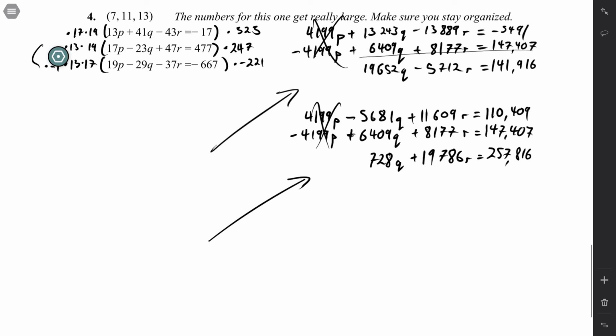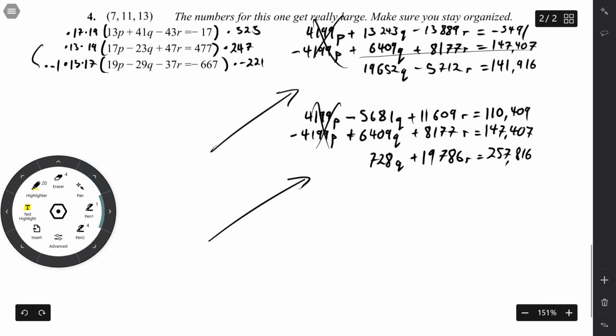If we take 19,652 and divide it by 19, let's see, what am I doing wrong here? Oh, I know what I'm doing. I'm looking at this a little bit backwards. Sorry about that. We can divide them by what number they were commonly multiplied by, but it's not the 19 in this case. It would be the 17. What we're looking at is this 17 and this 17, because this third equation exists right here.